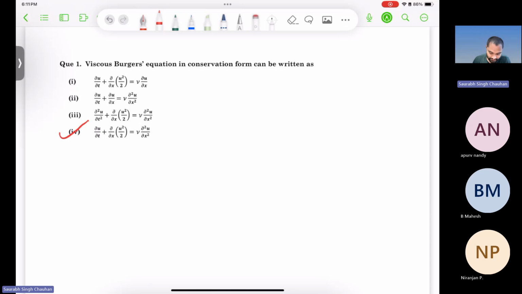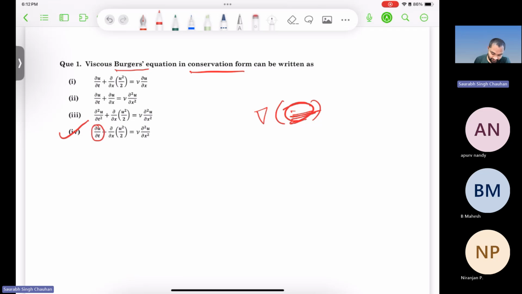Okay, so you should know what these Burgers equations are. And what is the conservative form? Yes, we take all the variables inside the bracket, inside the gradient, right? So basically, the conservative form is derived directly from the conservation laws, right?